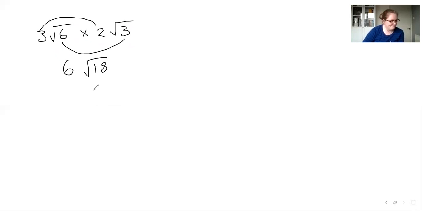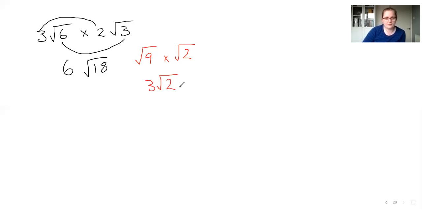Well, actually now, can we make this simpler? Yeah, we can. So we're going to ignore the 6 for a second, and we're going to simplify our 18. 9 goes into 18, so we've got root 9, goes in twice, root 2. Simplify that down to 3 root 2.